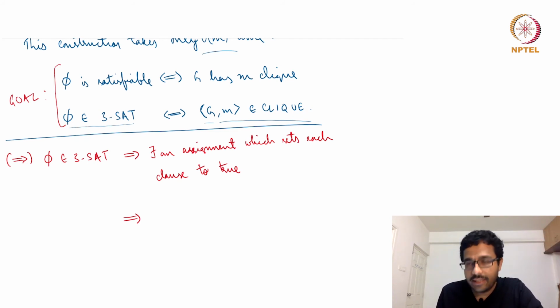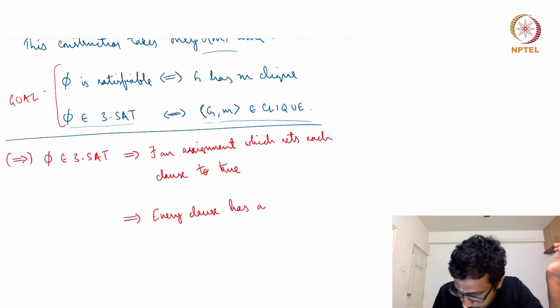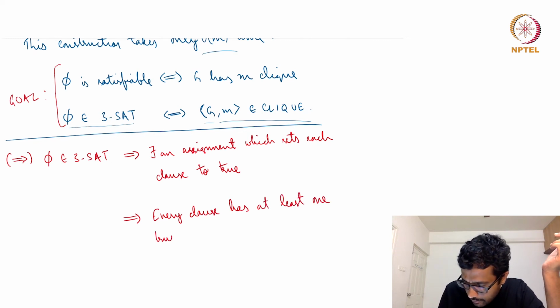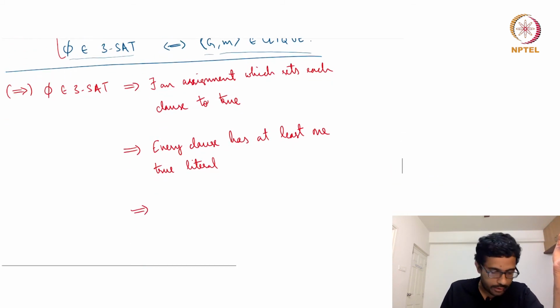And what does it mean to say each clause has to be true? Every clause has at least one true literal, because each clause is an OR of literals, so it has at least one true literal. It could have more, but it has at least one.